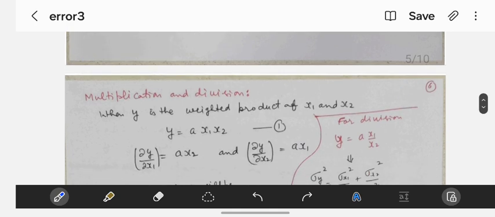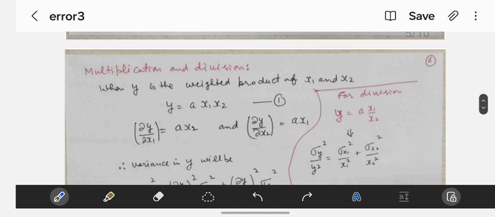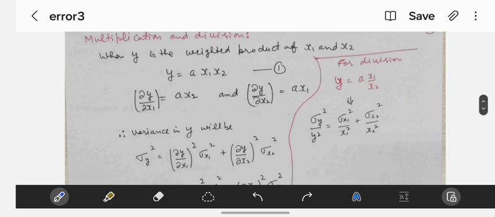Now, multiplication and division. Suppose y is the weighted product of x1 and x2. A weighted product may come into play when some integer is multiplied with the variables. So y is a times x1 x2; that's why we call it a weighted product.